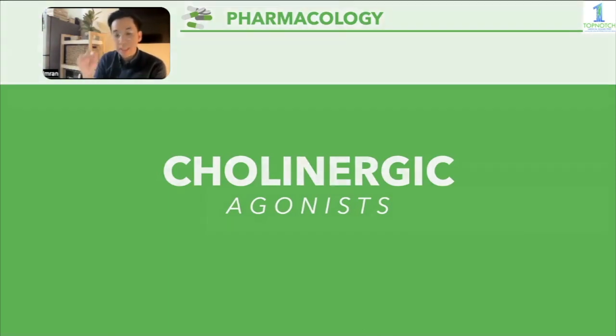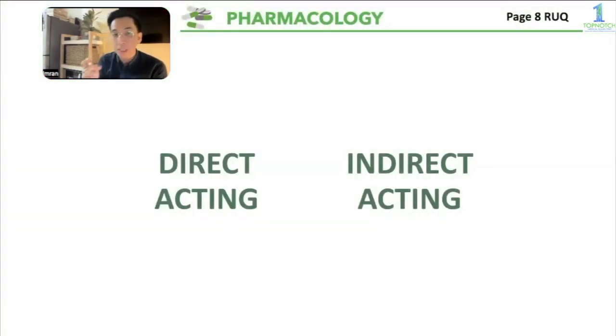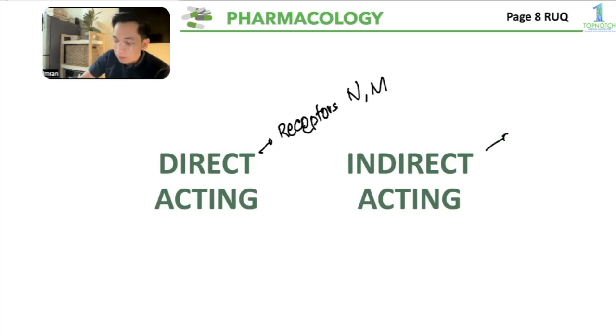Okay? So next we have to discuss is ano ngayon yung mga direct acting and indirect acting agonist natin. Pag sinabing direct acting, again, siya ay nag-a-act sa receptor. Ano nga ulit yung receptors ng cholinergic nervous system? Your nicotinic and muscarinic receptors. Pag sinabing indirect acting, ang ina-act upon niya ay si acetylcholine esterase.